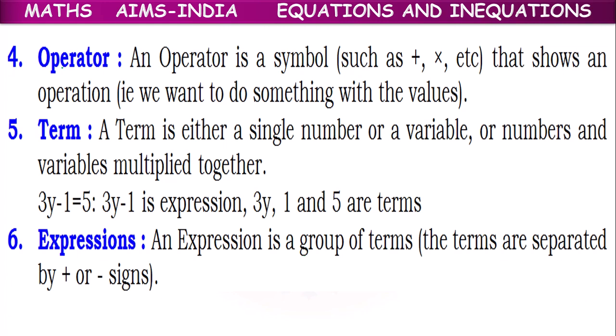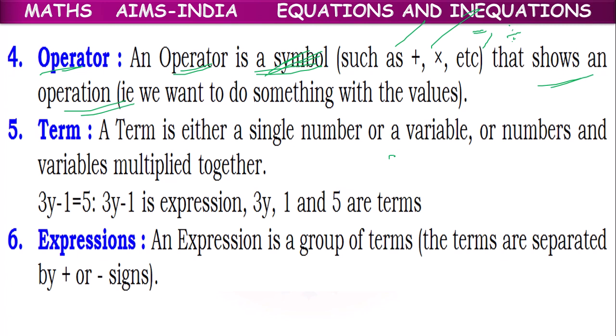Next one. An operator is a mathematical symbol like plus for addition, into for multiplication, minus for subtraction, divided by for quotient. It's a mathematical symbol which shows an operation.